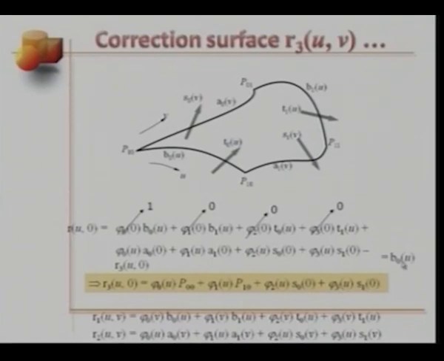If you notice, this term here cancels out with this term, and we have taken this term on the right hand side here. Okay, let's proceed. So we have this patch, and now we are interested in finding what our r3 u1 is.